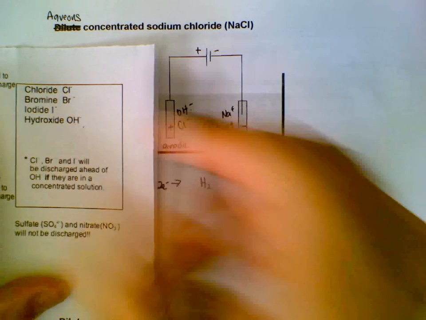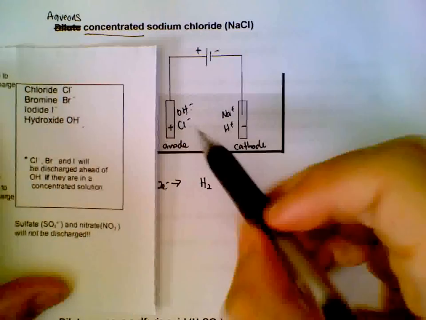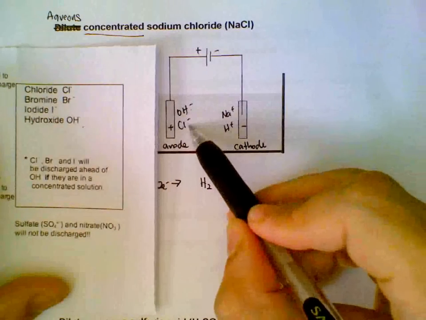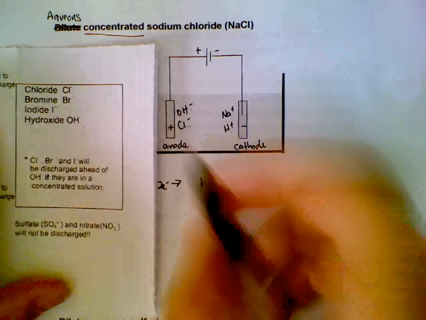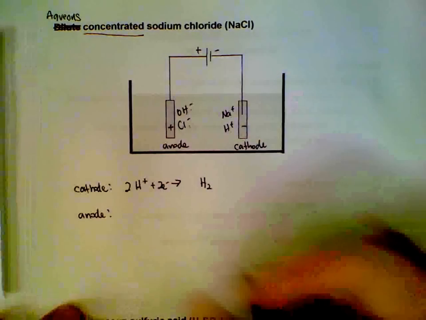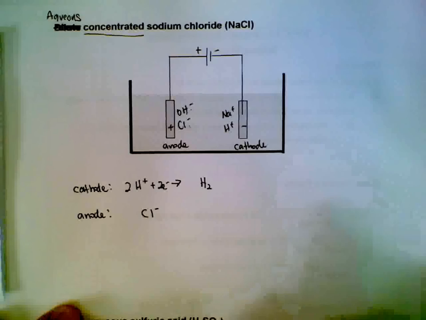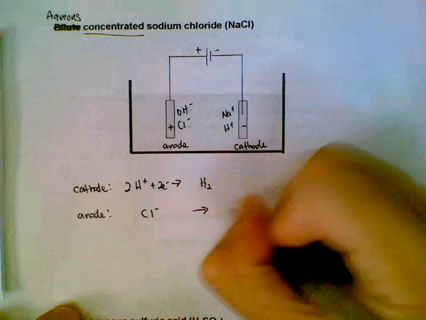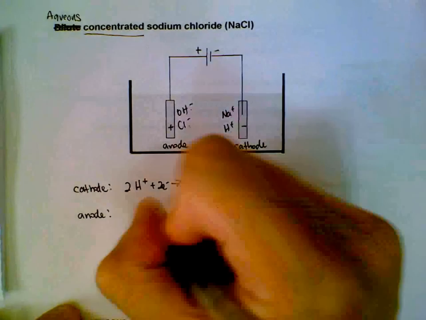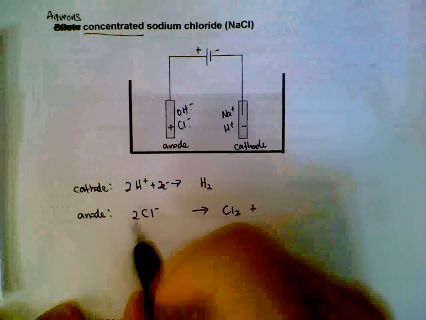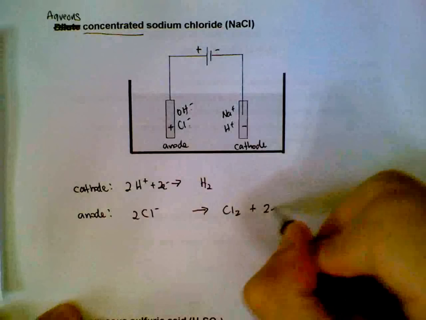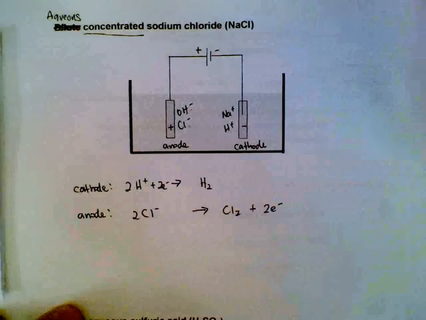But when it's concentrated, it will be the chlorides that will be discharged. So in this case, chlorides will be discharged. We will form chlorine gas. And balancing out the charges, we have 2 electrons on the right side.